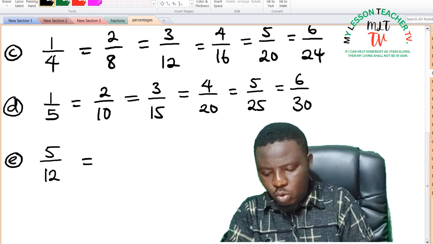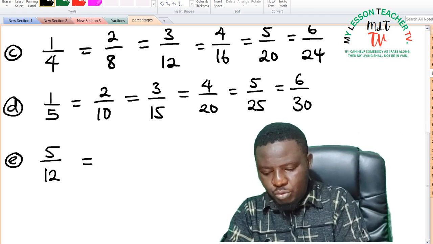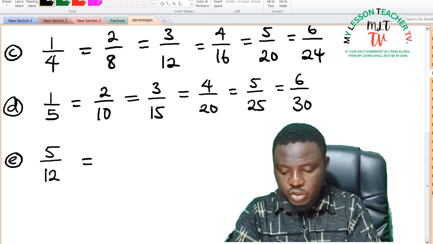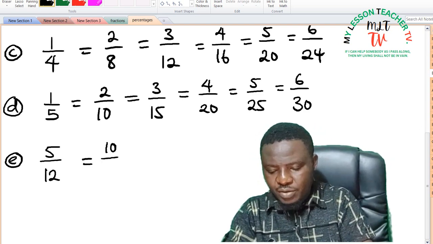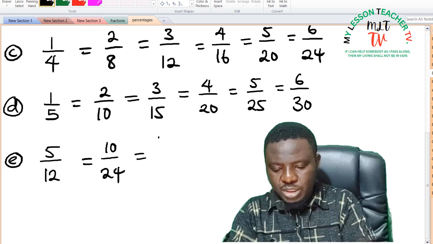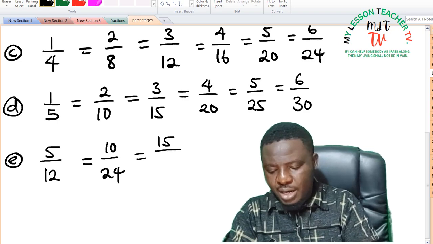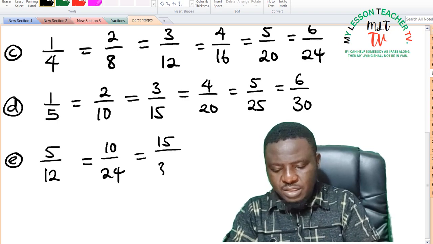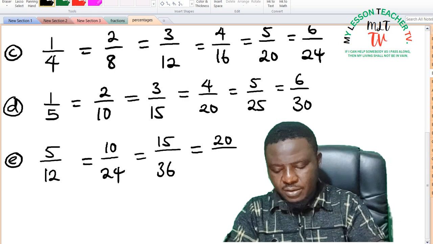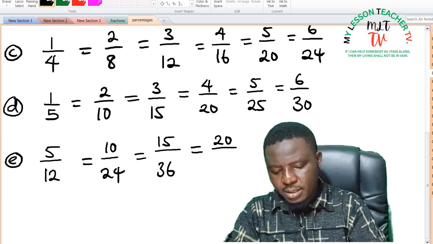E, you multiply both the numerator and denominator by 2 to get the first equivalent fraction, which is 10 divided by 24. When you multiply by 3, it gives you the second equivalent fraction, which is 15 divided by 3 times 12, which is 36. You multiply by 4, it gives you 20 divided by 48.